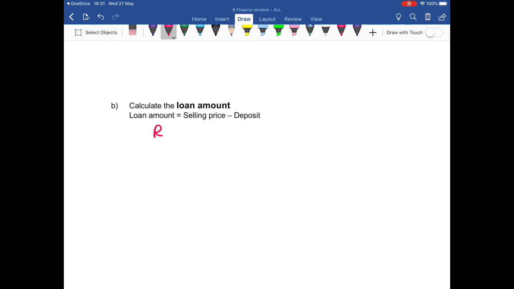So we will take the selling price, which was 45,000, minus the deposit, which you've already paid, which is 5,850. And if I subtract those, I will get 39,150 Rand. So that is what I still owe.